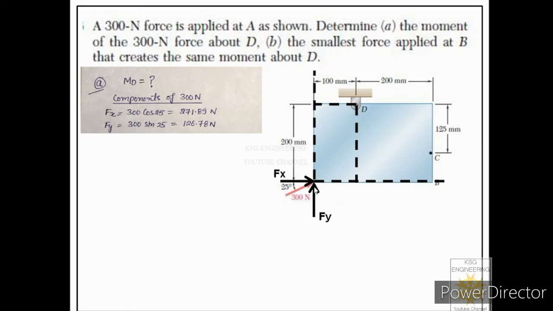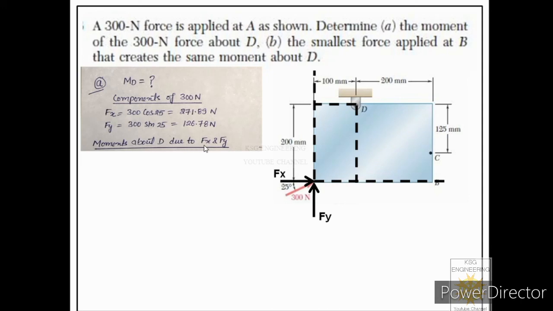If this component wants to move towards the moment center, this is the shortest path. So it means it is a clockwise moment, and clockwise moments are negative. So we have concluded that the moment because of Fx will be a positive moment because it generates anti-clockwise movement, but the moment because of Fy will be a clockwise moment and it will be a negative moment. Now let us see this in calculations.